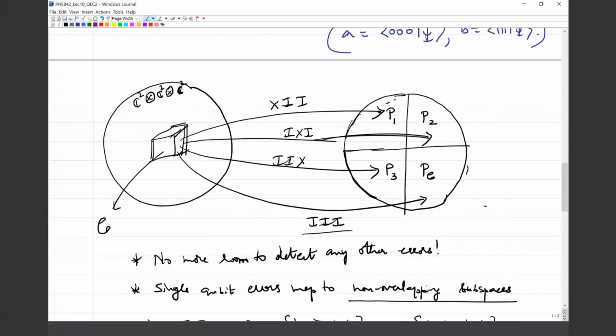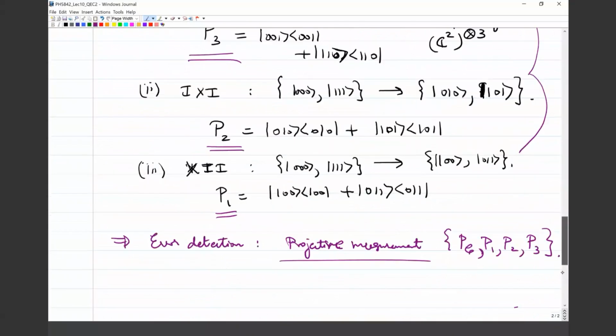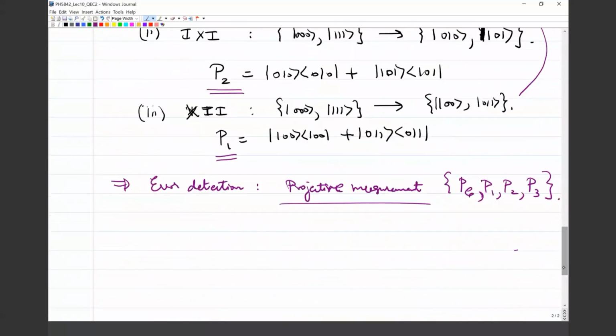And once we identify which subspace the state is in, there's nothing more to do, because this is the whole point, right? You know nothing about the encoded state itself, because these projective measurements are not telling you anything about the encoded state. They're only telling you whether an error occurred on the first qubit, the second qubit, or the third, or whether there was no error at all.